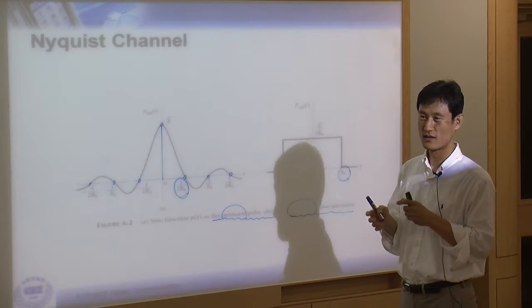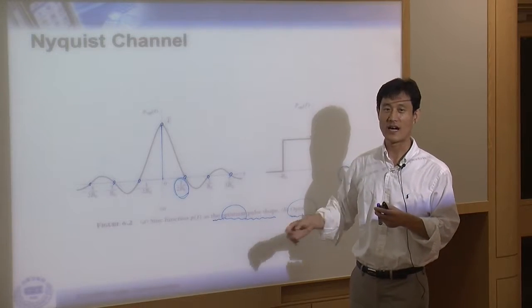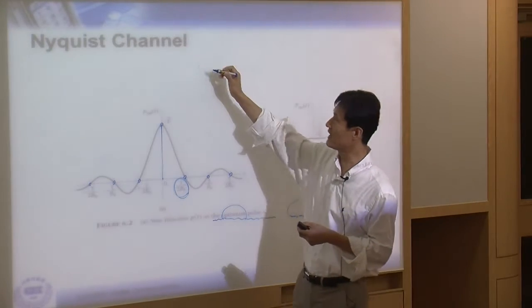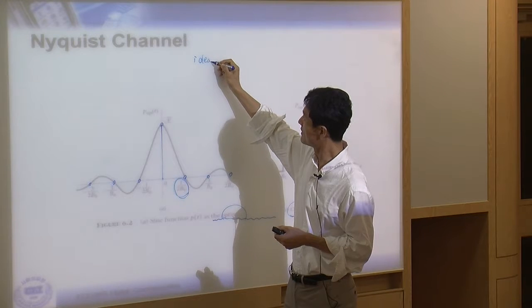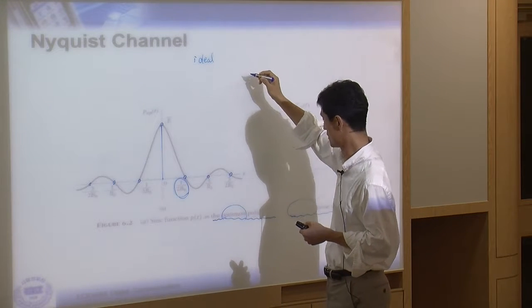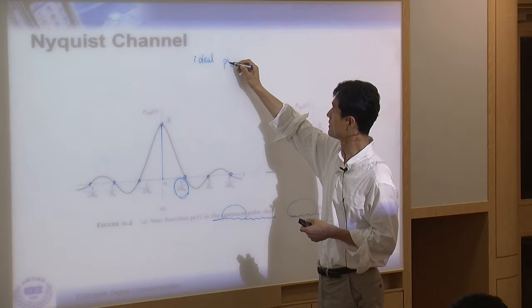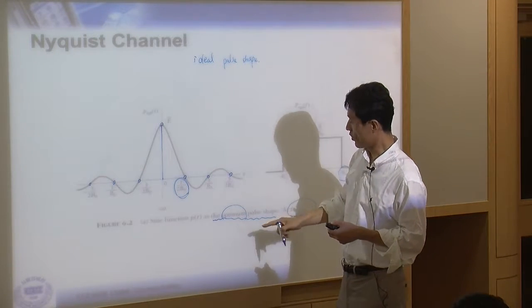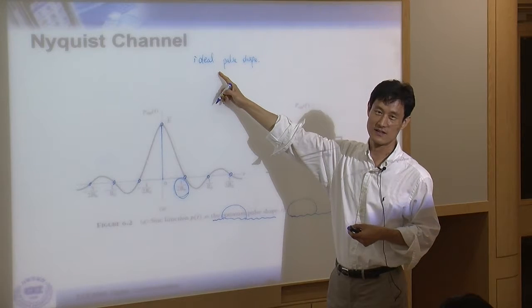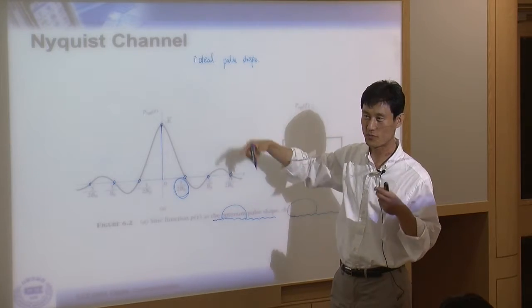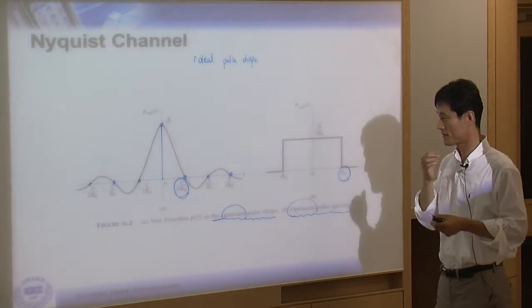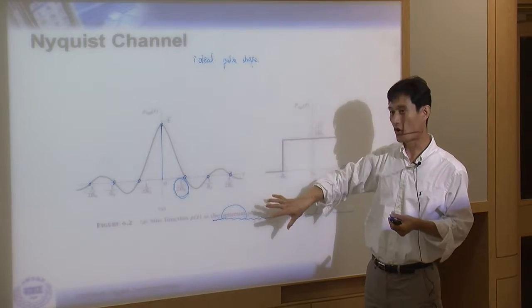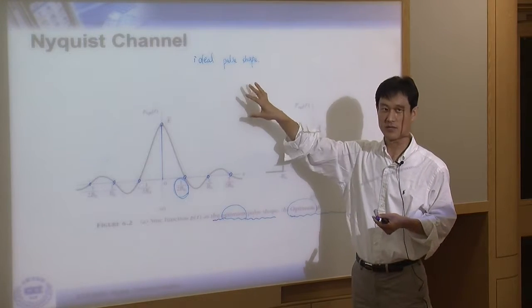Optimum also means ideal. So this is the ideal pulse shape. Generally, optimum means ideal. So the Nyquist channel has an optimum or ideal pulse shape.